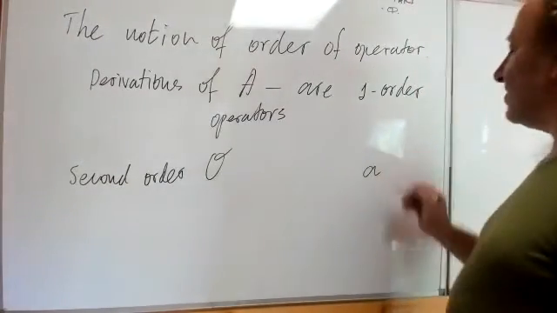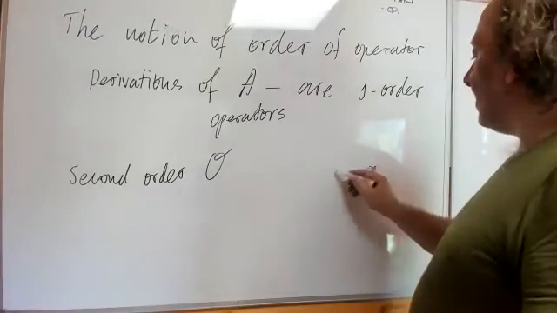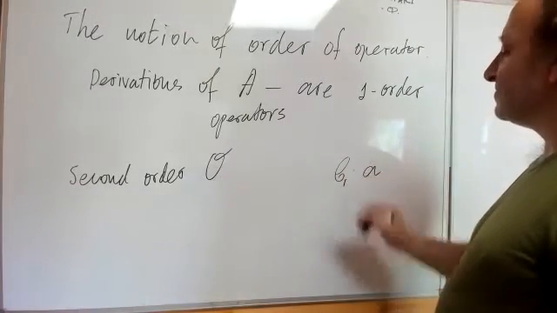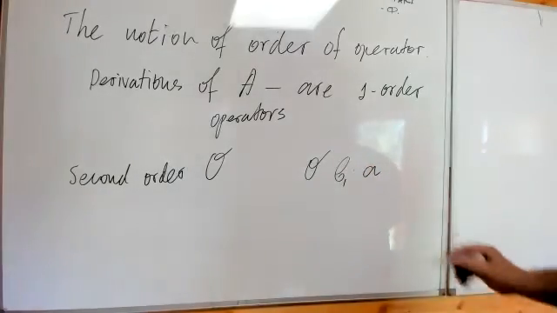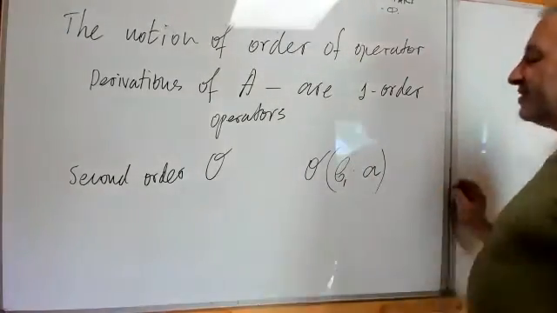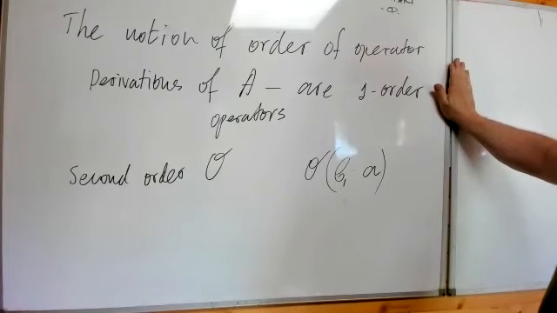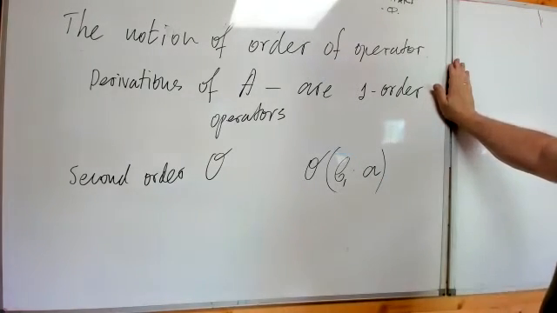Suppose you have an element A of the algebra and an element B. Let us see how O, being second order, acts on B and A. You mean on B times A?